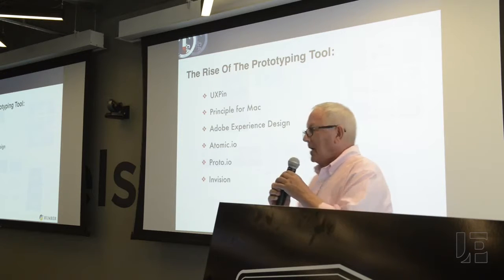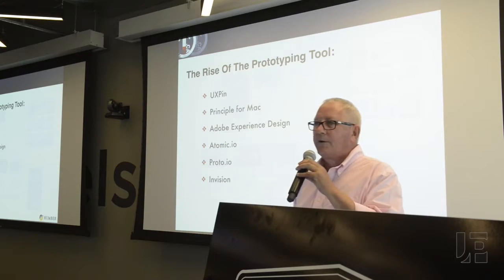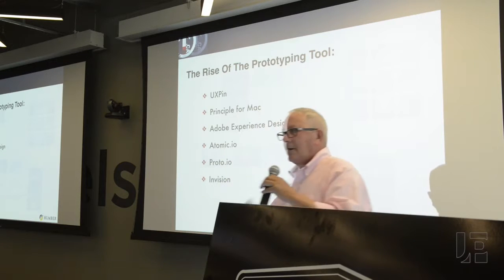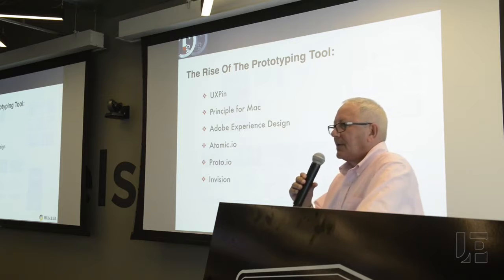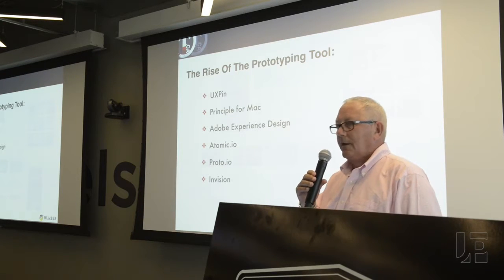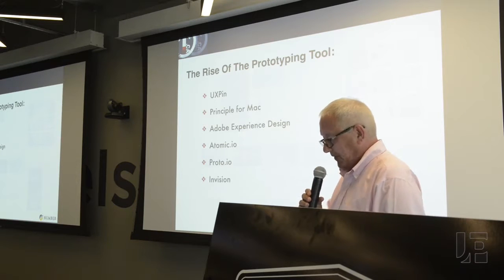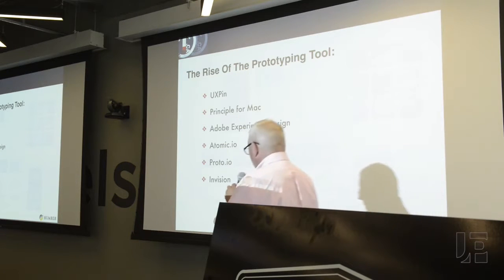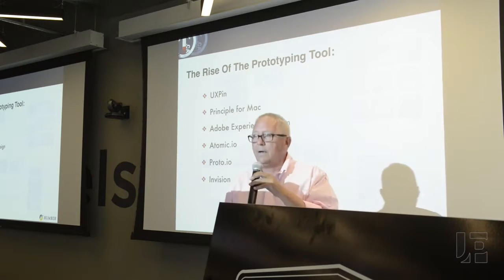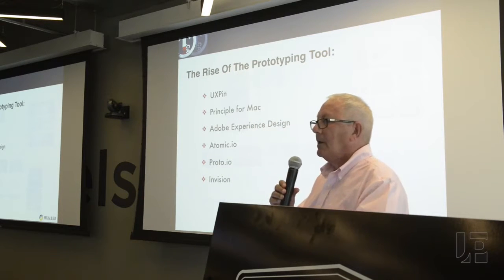Now this one here is under development. Every month they're rolling it out. And I'll tell you, right now it's strictly Mac only tool, but I can assure you that very shortly it will be Mac and PC. Atomic.io, online. Proto.io, online. InVision, well, we know that one.